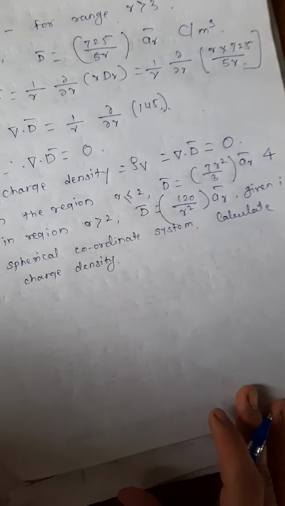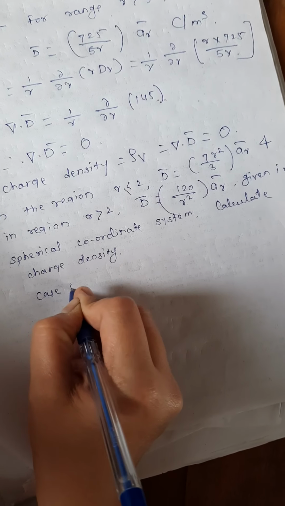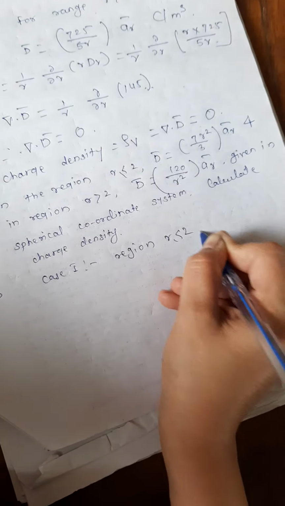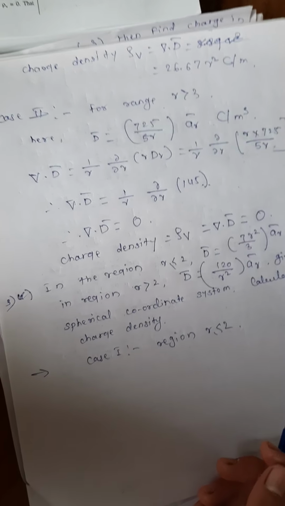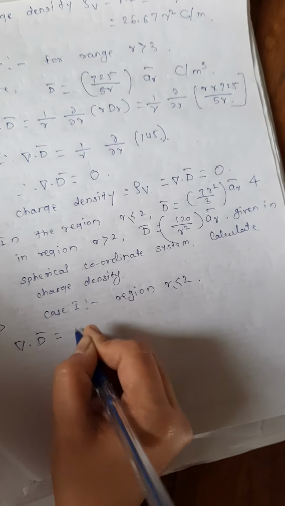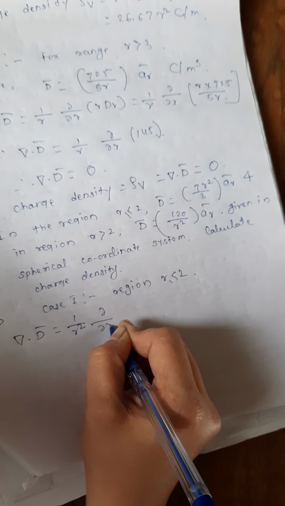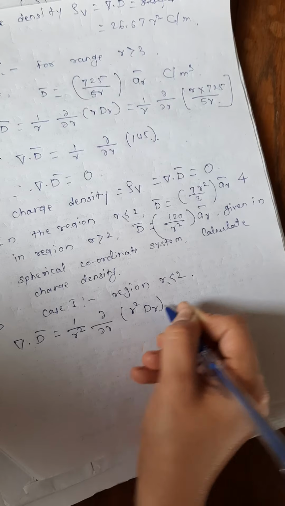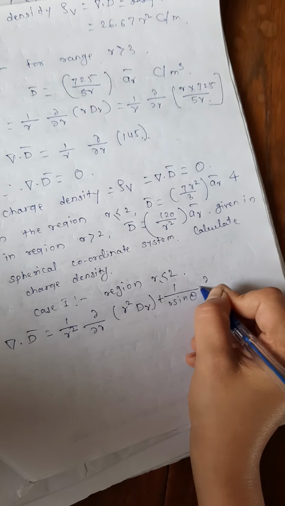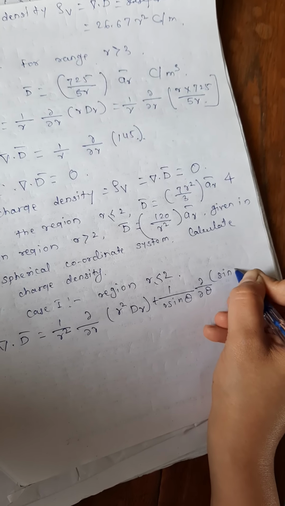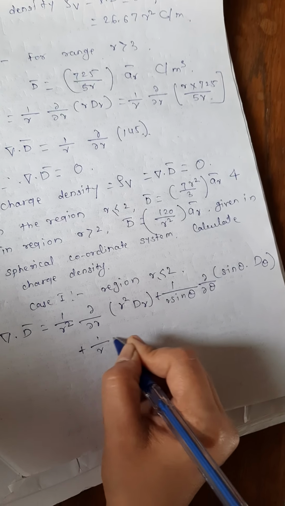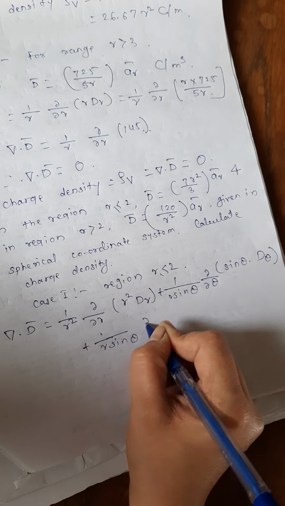So here we consider the first case, that is region r less than or equal to 2. Now we have the equation of divergence in the spherical coordinate system. So the divergence theorem says del dot D bar is equal to 1 by r square d by dr of r square Dr plus 1 by r sin theta d by d theta of sin theta D theta plus 1 by r sin theta d by d phi of D phi.